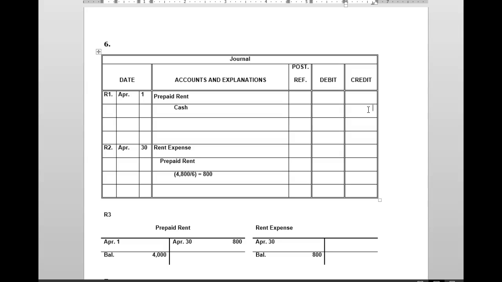Cash for credit of $4,800, and that's going to create that prepaid asset here. So on April 30th, we are going to accrue our first rental payment, or our first adjustment for the rent, and it looks like it's 6 months.